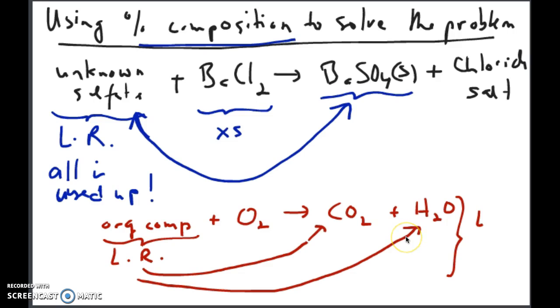And remember, what we said there is that all the carbon in CO2 is the same as the mass of carbon in the organic compound, and the mass of hydrogen in H2O is the same as the mass of hydrogen in the organic compound. So notice that the two approaches here are exactly identical, and it's just stoichiometry of using limiting reactants.